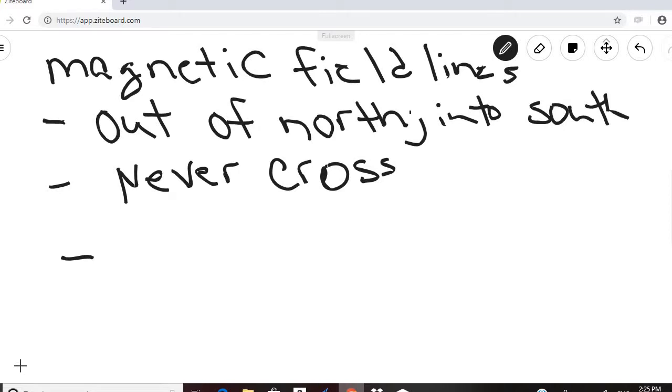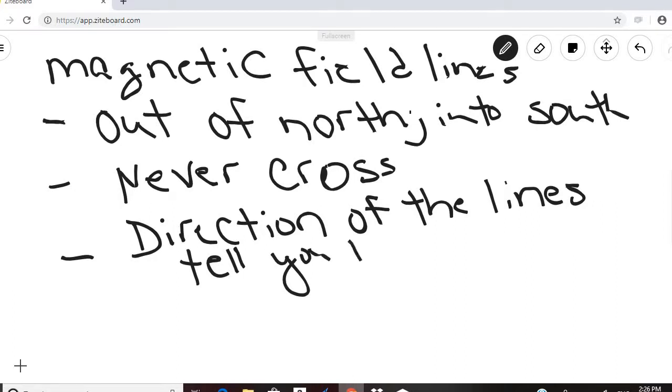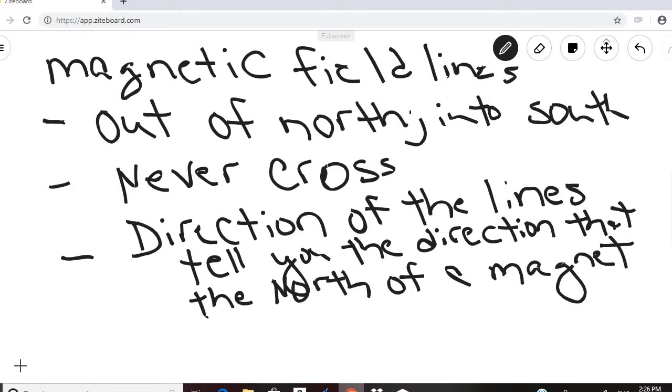So the direction of the lines tells you the direction that the north pole of a magnet will point when it's placed into that field.